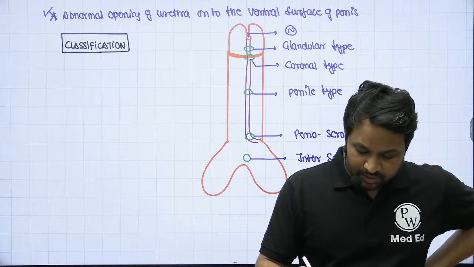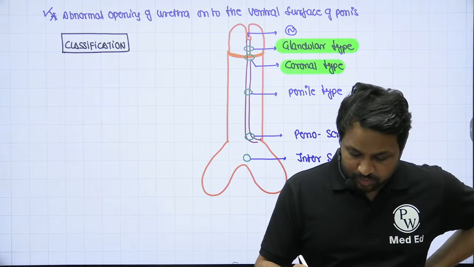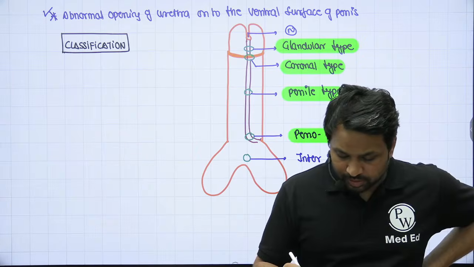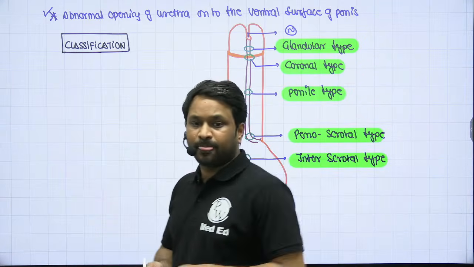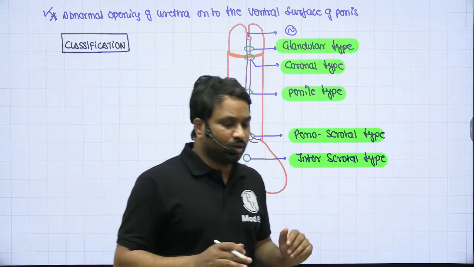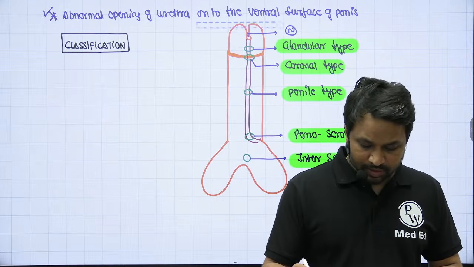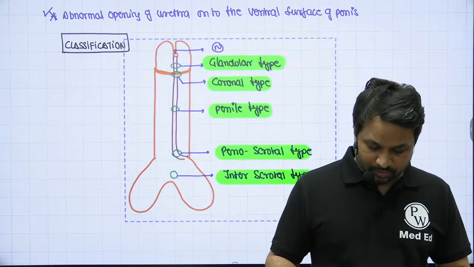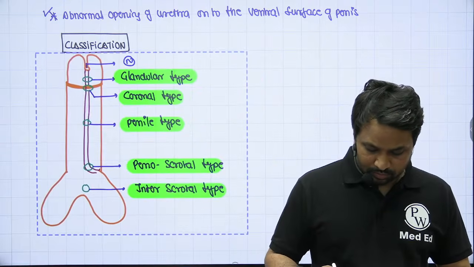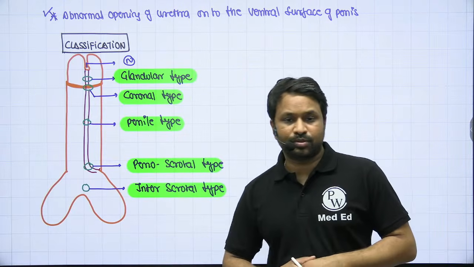So you have the glandular type, the coronal type, the penile type, the penoscrotal type, and the interscrotal variety. All these are the various varieties of hypospadias. Okay.